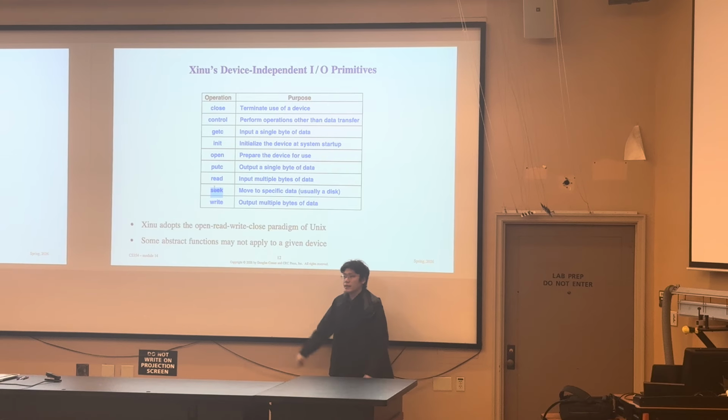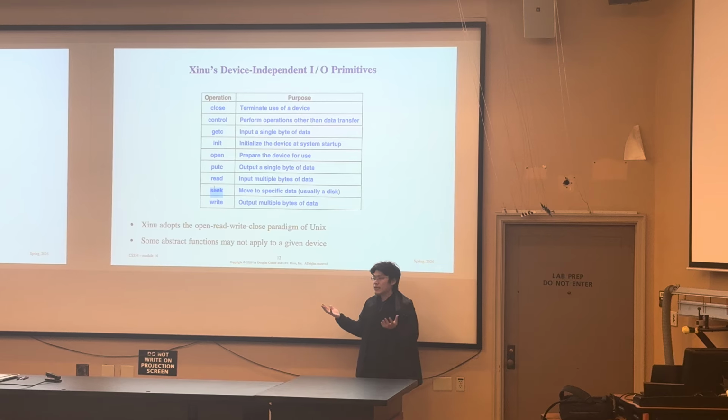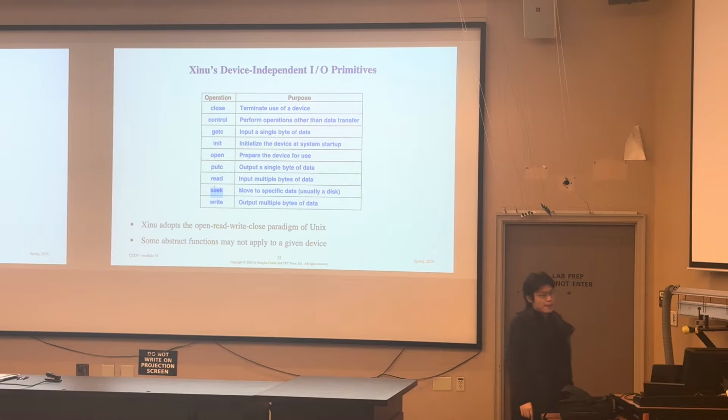That is the seek API. These five APIs are there because we model devices as byte streams.